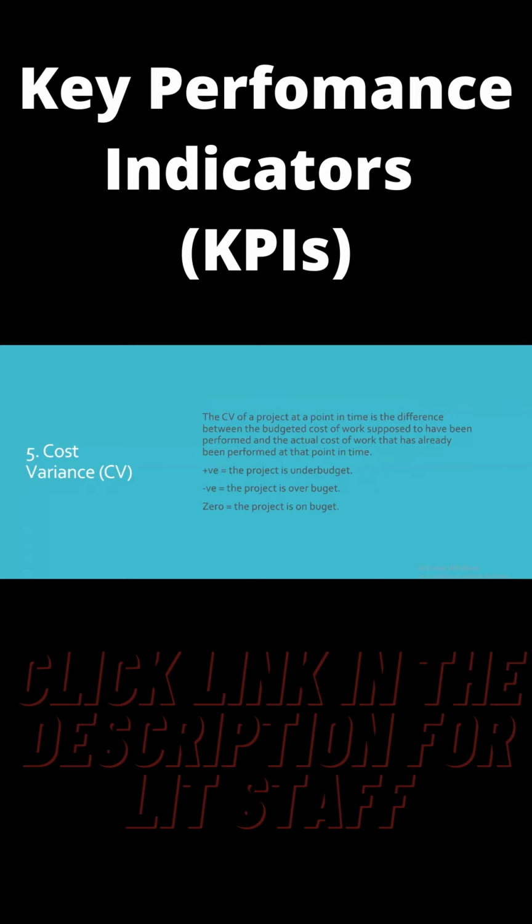If it's positive, the project is under budget. If it's negative, the project is over budget. So you need to avoid that, which means you didn't do your estimation correctly, or the way you charge for that project, you didn't do it correctly. If it's zero, the project is on budget and it really does happen when it's perfect.